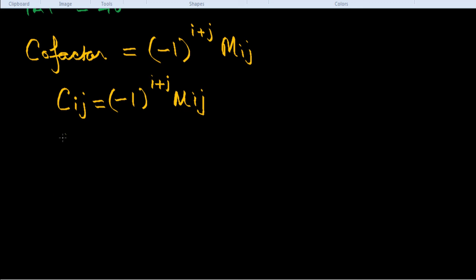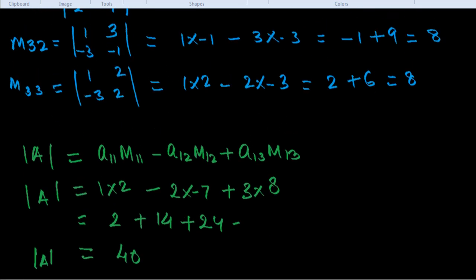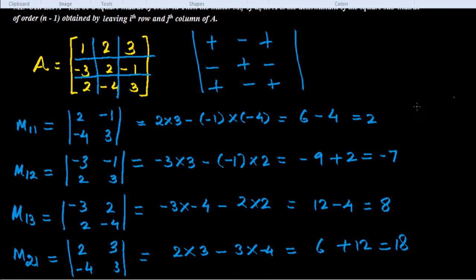Let us see if you have to find out the C11. Then minus 1, i is 1, j is 1, 1 plus 1, M11. So we get here minus 1 power 2 and M11, the value of M11 we have already found here. The value of M11 is 2. So we put here 2.